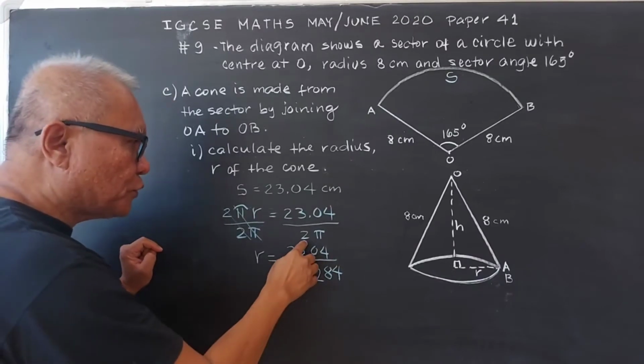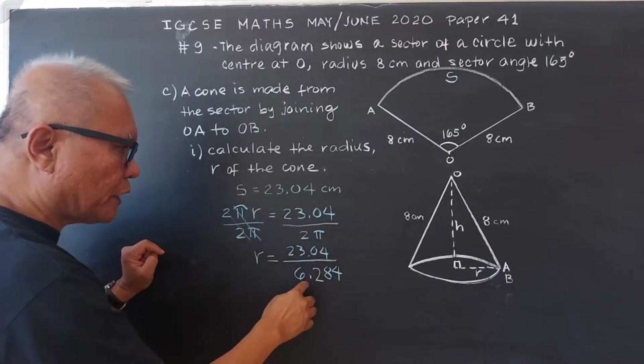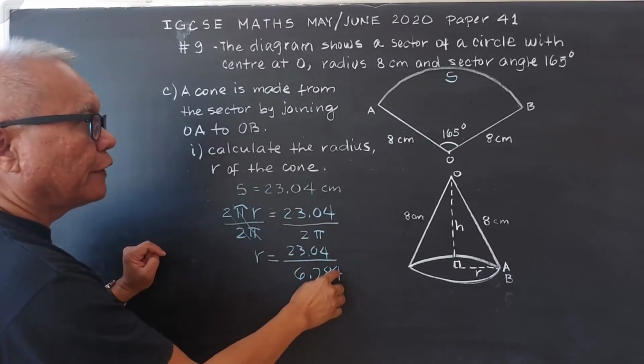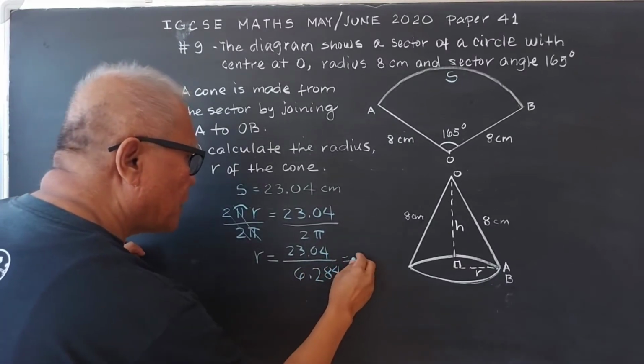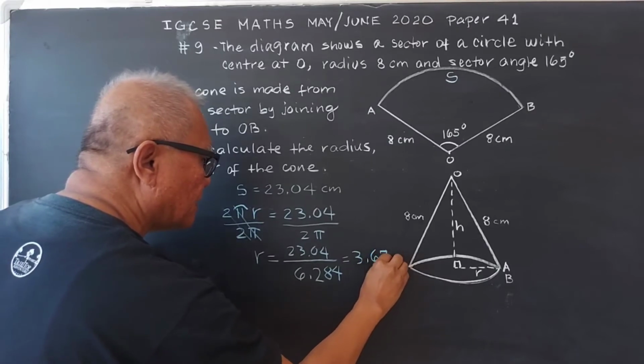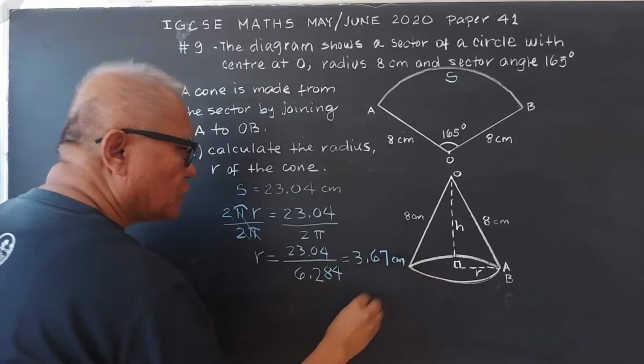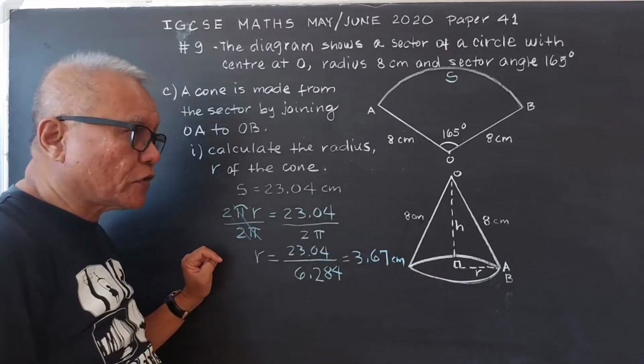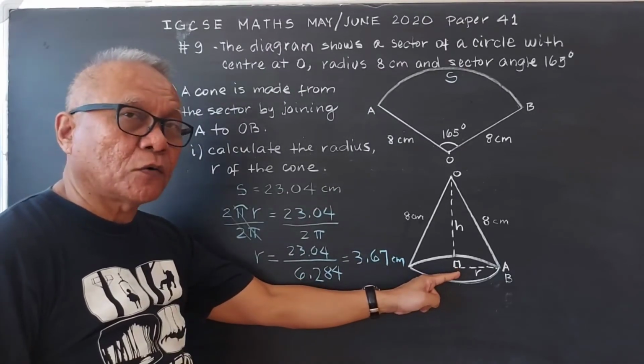We multiply 2 times 3.142 and we have 6.284. Dividing this, we have 3.67 centimeters. That is the radius of the base of our cone.